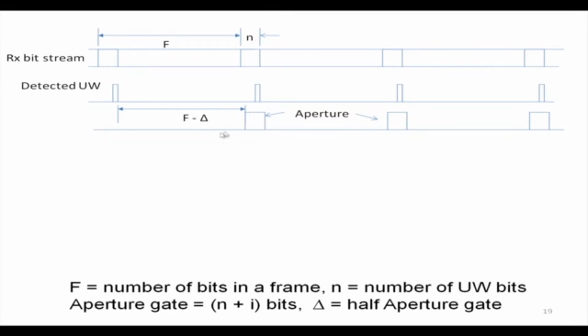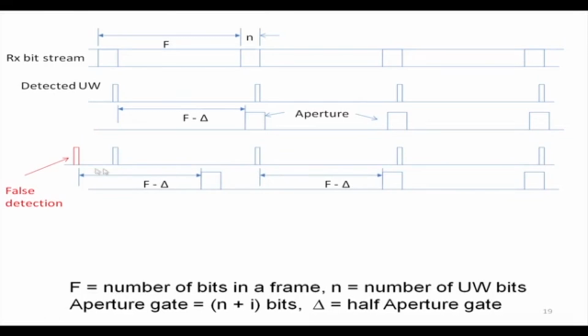Let us say that before the actual unique word comes, you got a false detection. You open the aperture based on this false detection, but the unique word is actually supposed to be detected here, and it will repeat after here.